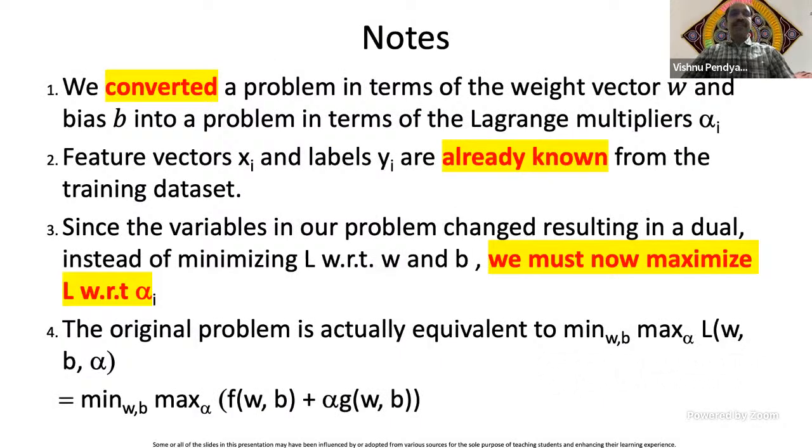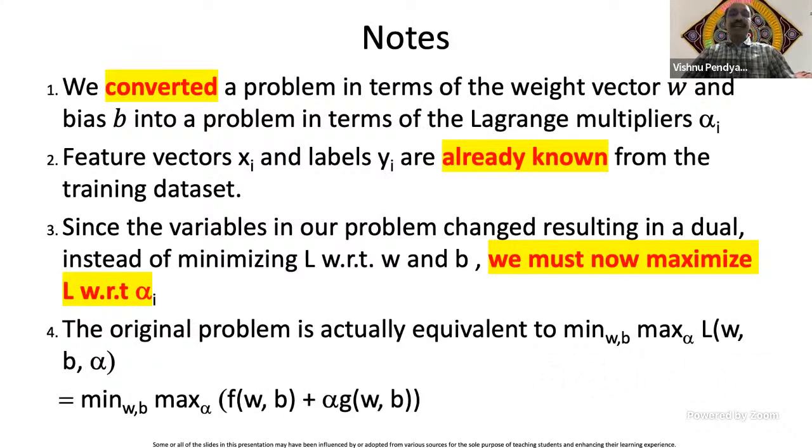So we essentially converted a problem in terms of the weight vector W and bias B into a problem in terms of Lagrange multipliers alpha, right? So we eliminated W and B. That's an important thing. Even if you had thousands of features, we didn't have to find the weights for each of those features.